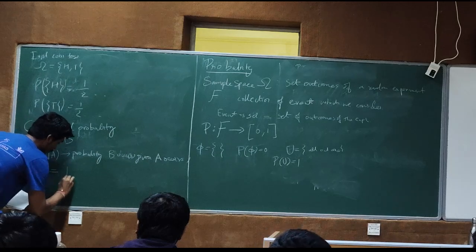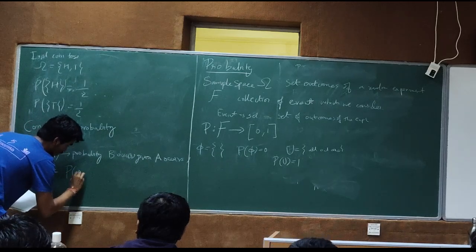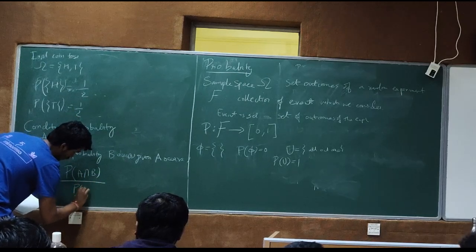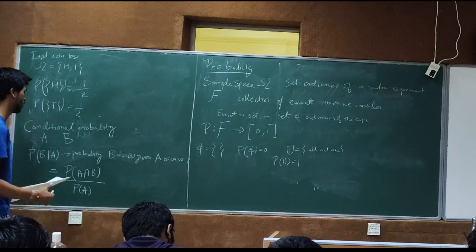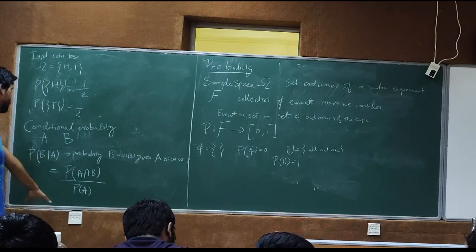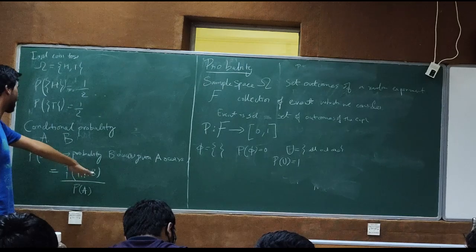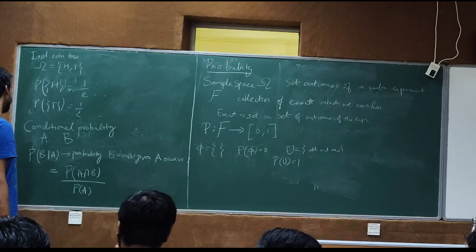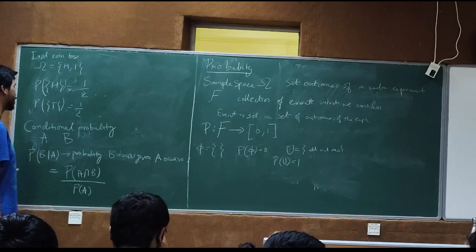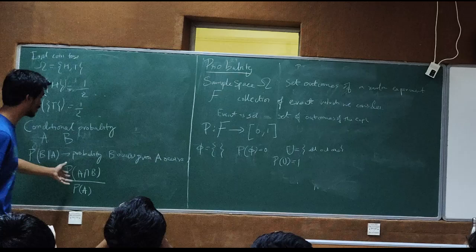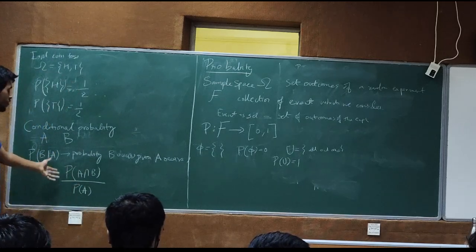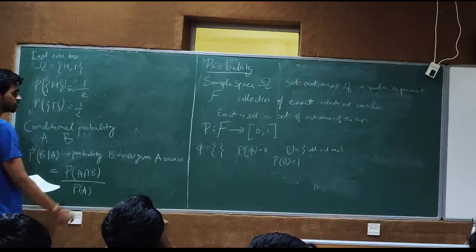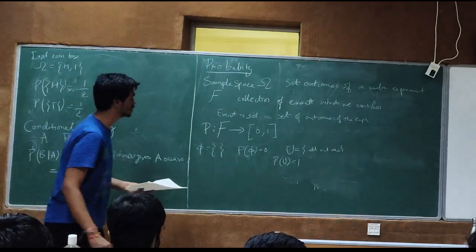And this is defined by this. So you have an event A, and there is some overlap between the events A and B, and the ratio of the probability of the overlap divided by the probability of A gives the probability that B occurs, given that A occurs.